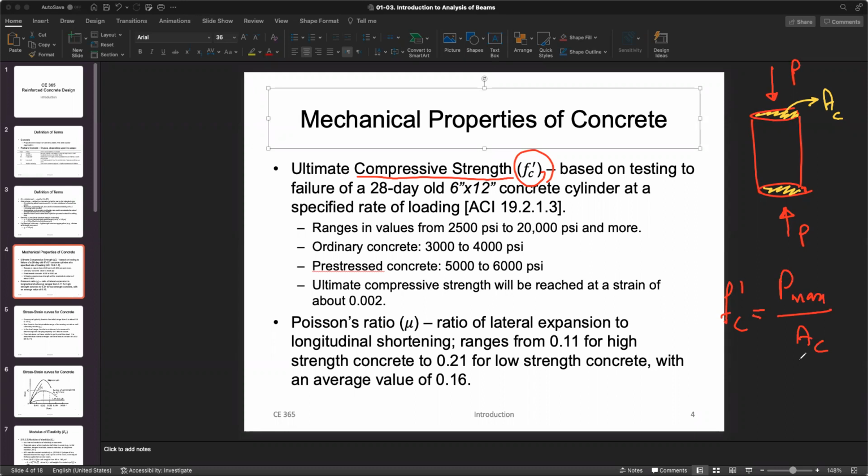In some countries, like our country, we use cylinders, usually 4x8 or 6x12. 6x12 means this is 12 inches, and this is 6 inches. Also, we can have 4x8, which is more common these days, 8 inches by 4 inches.